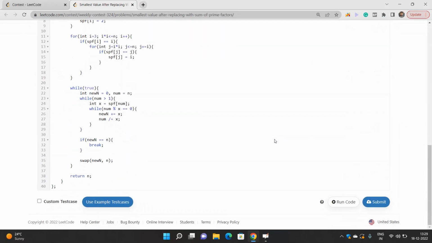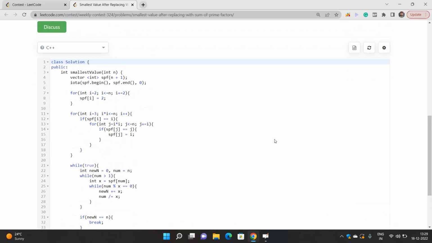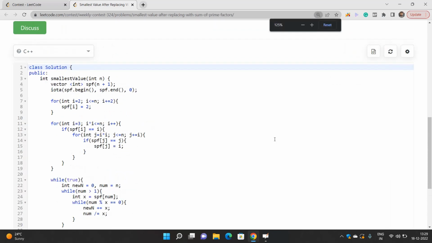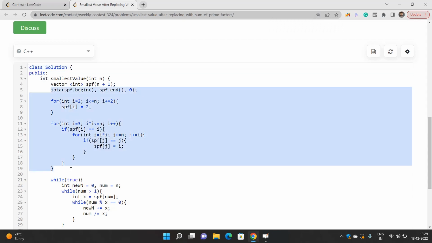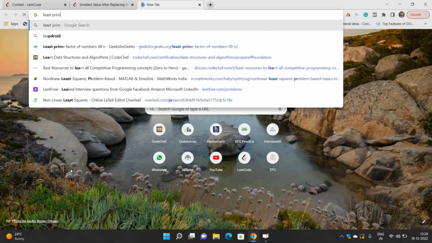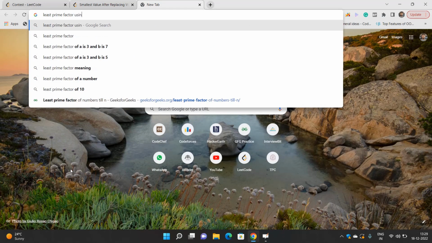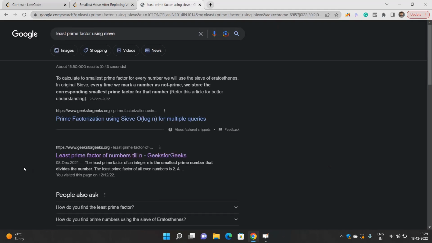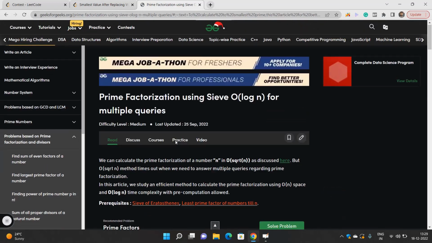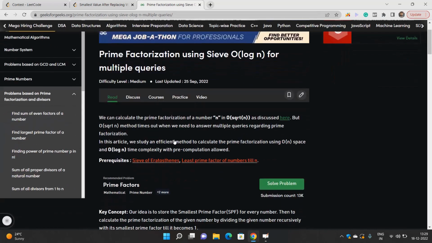So you need to calculate the prime factors efficiently. For that, you need to use some efficient method. You can also use the brute force method, but I've used the smallest prime factor using sieve method. If you don't know this method, you can refer to the article on prime factorization using a sieve, which computes in O of log n.